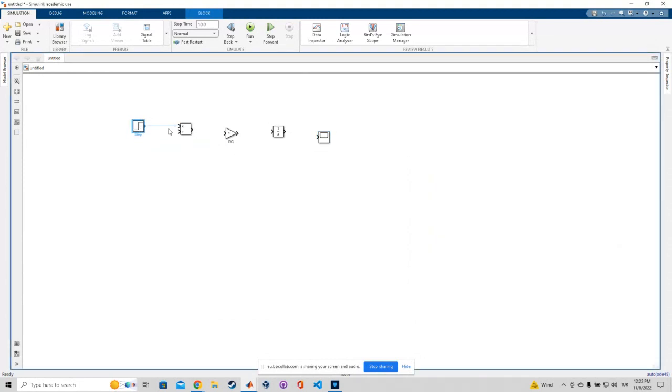Okay, so you connect your gain, your integrator, connect the output, and your feedback has to come from the output, right?